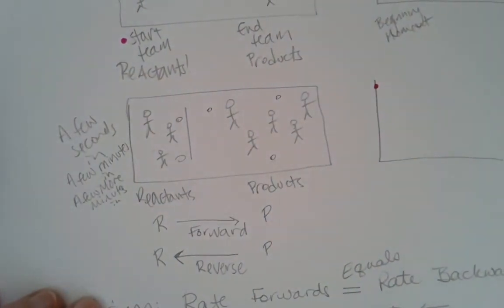And you start to see something constant, which is that even though every time I say go, you're throwing balls at each other, every time I say stop, what's constant is that ratio of bouncy balls on the reactant side versus bouncy balls on the product side. Particles, right, in our reaction, particles in reactant form compared to particles in product form.